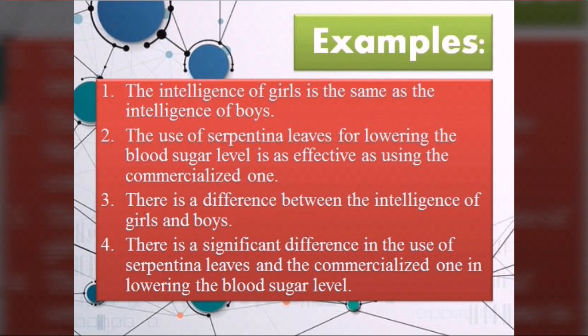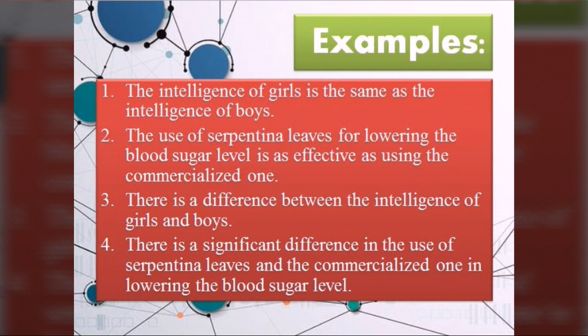Number 1. The intelligence of girls is the same as the intelligence of boys. What type of hypothesis is this? If your answer is null hypothesis, then you are correct. From the words "same as," meaning to say, no difference exists in this statement.